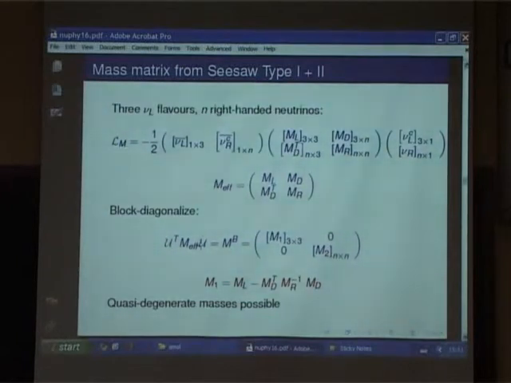Normally, when you diagonalize a matrix in quantum mechanics, you diagonalize using U dagger. And here I am diagonalizing using U transpose. Even in this equivalent case, I have to diagonalize by U transpose.